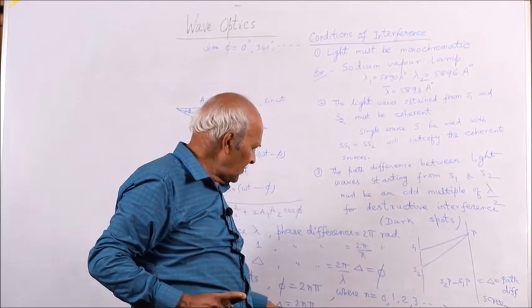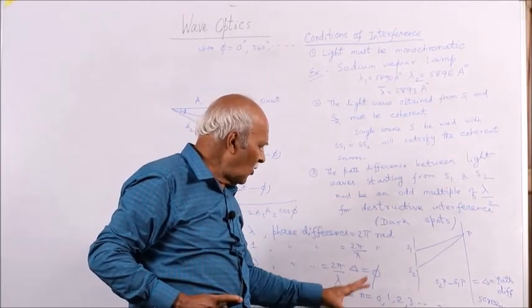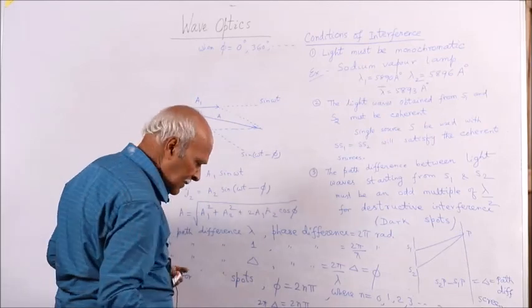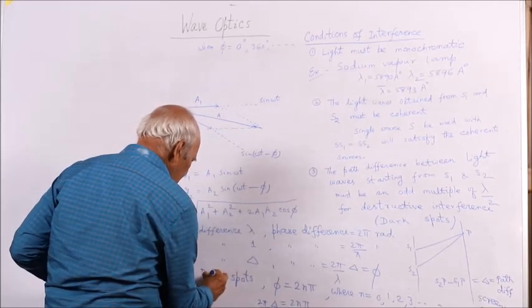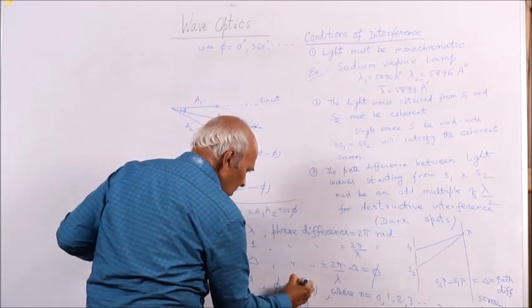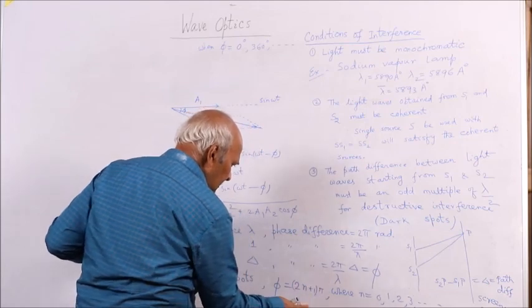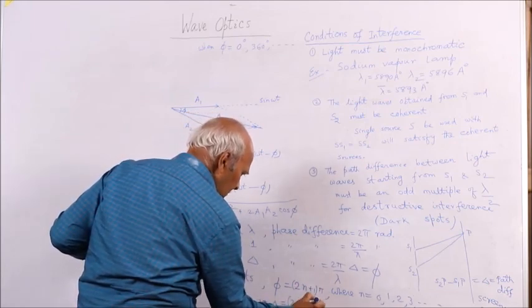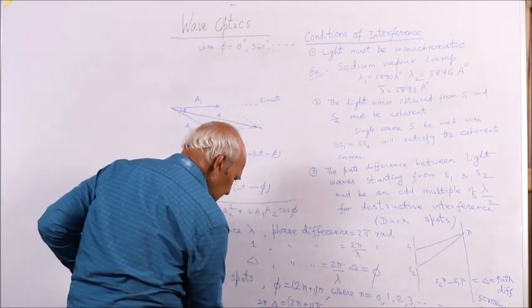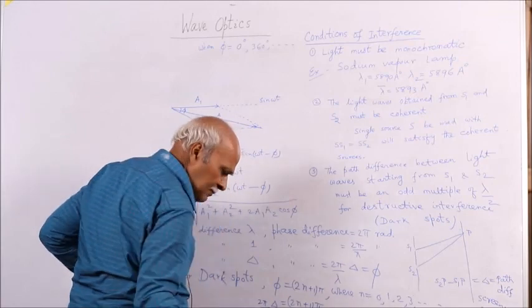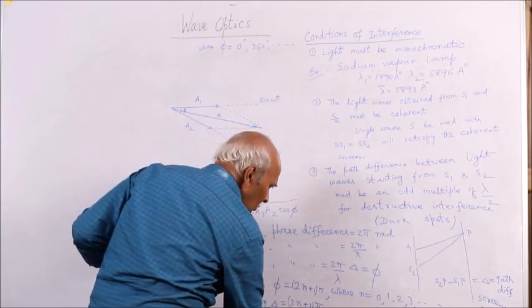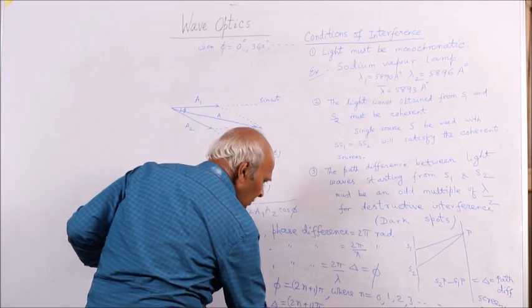So, delta you get as (2n plus 1) times lambda by 2, that is an odd multiple of lambda by 2.